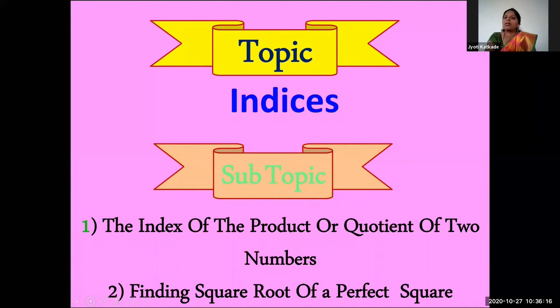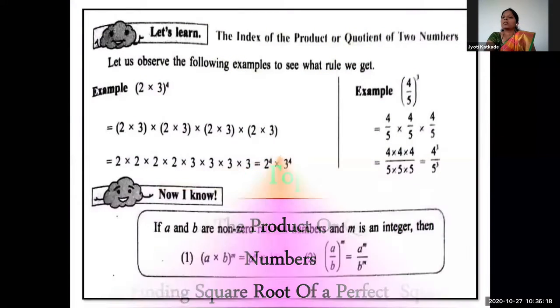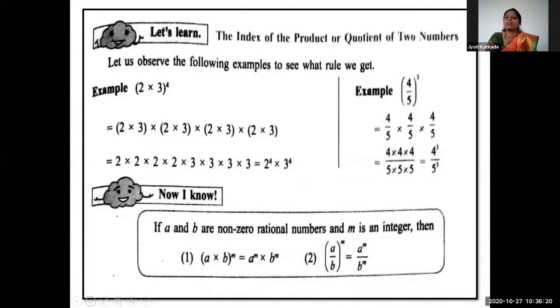See next on your screen. This is the index of product or quotient of two numbers. First example is 2 into 3, bracket raised to 4. Bracket raised to 4 means we have to multiply that whole bracket 4 times.